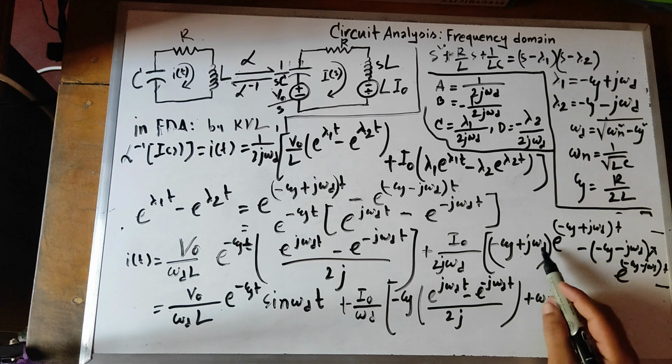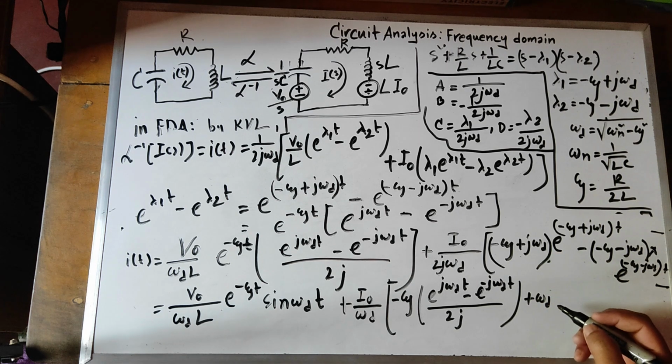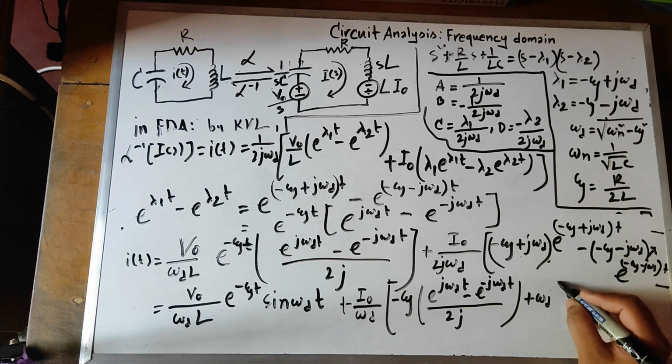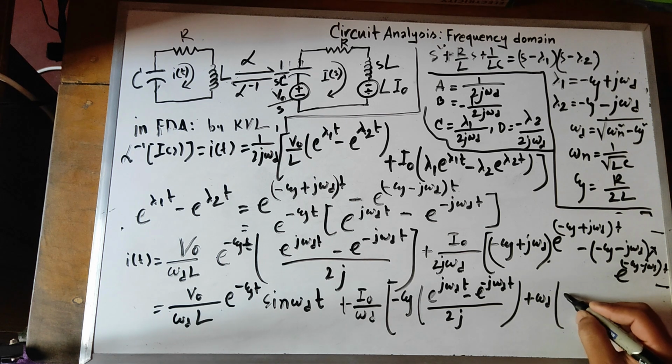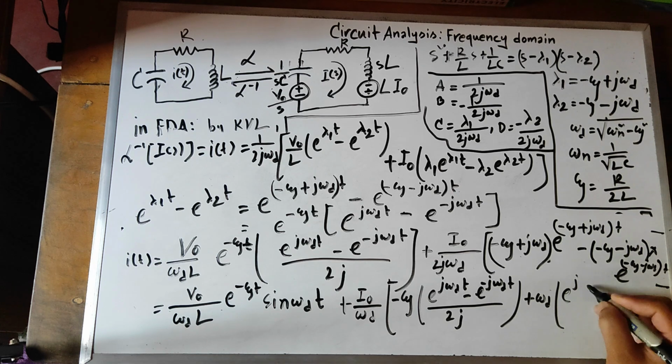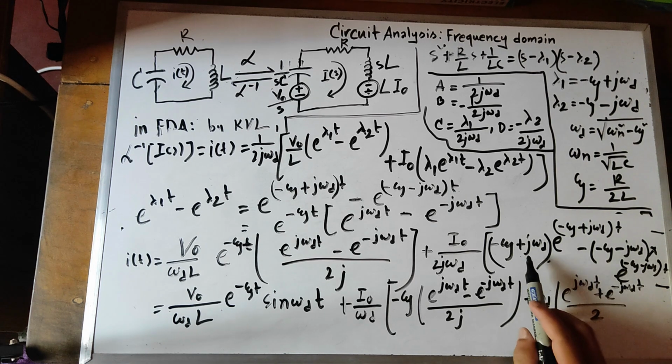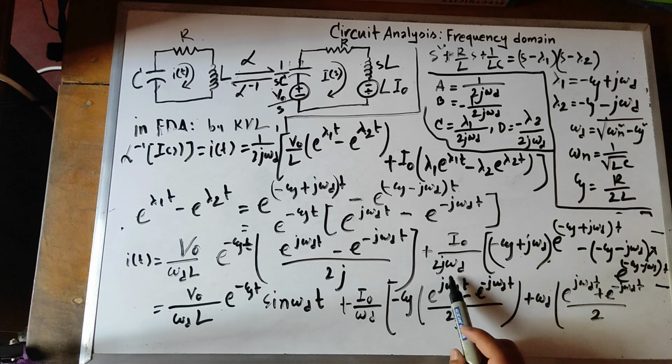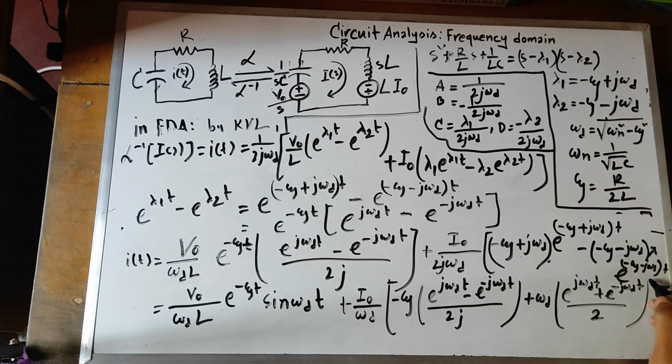If we take omega d common, it will be like this: exponential j omega d t plus exponential minus j omega d t by 2. Here this j and that j will cancel out, so there will be no j, and we have an extra exponential term.